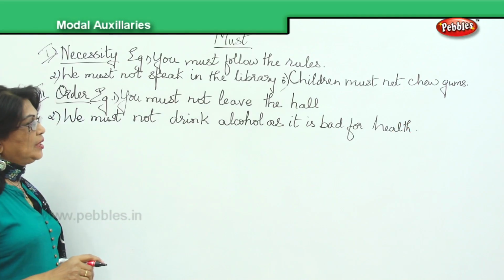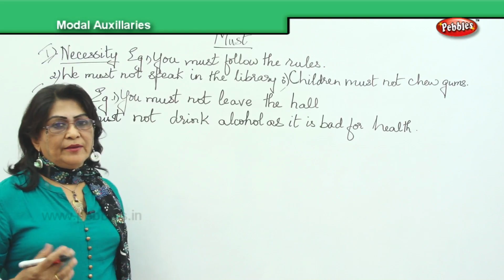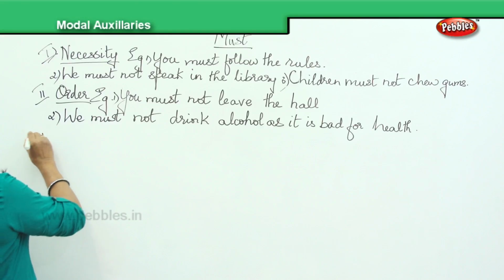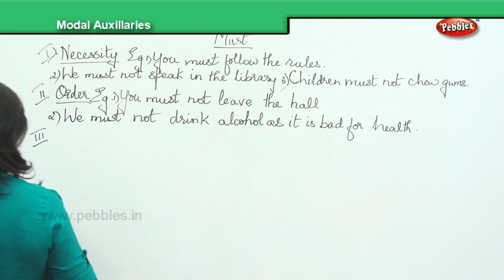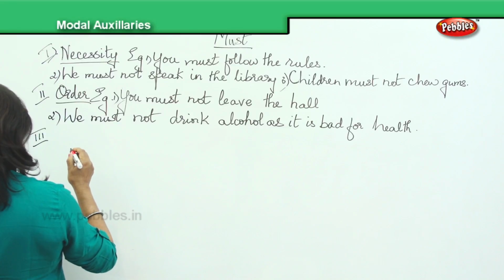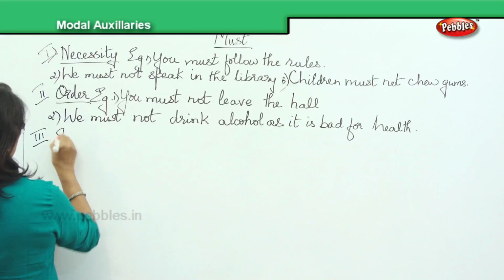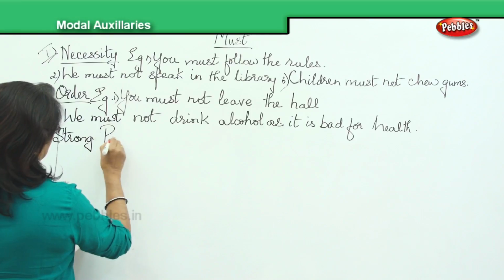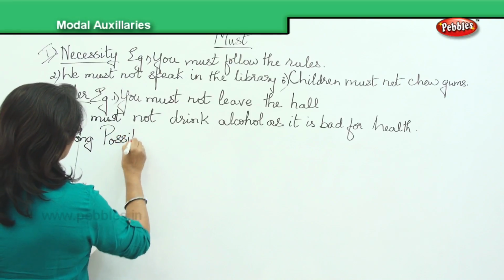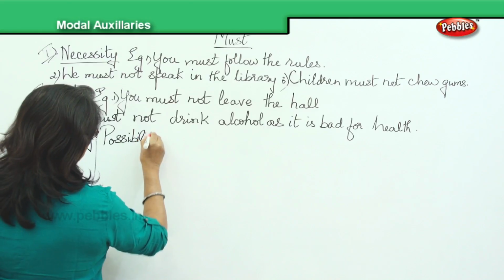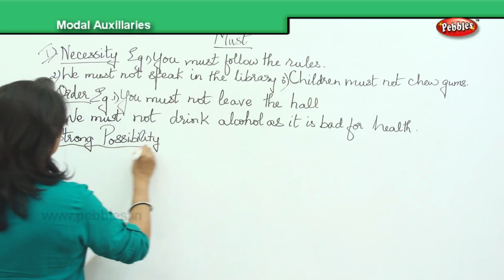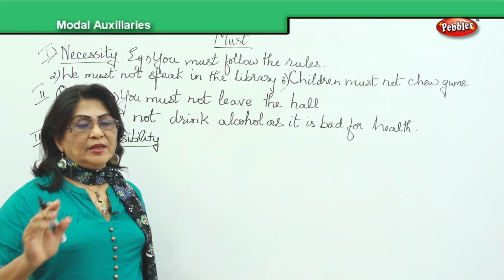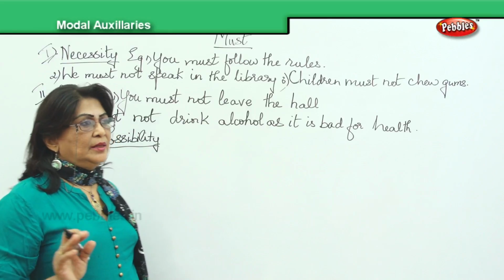We must not drink alcohol as it is bad for health. Okay, so this is an order. Next rule is strong possibility. Now, what is a strong possibility? Something which can be a very, very definite possibility. That is why we say strong possibility.